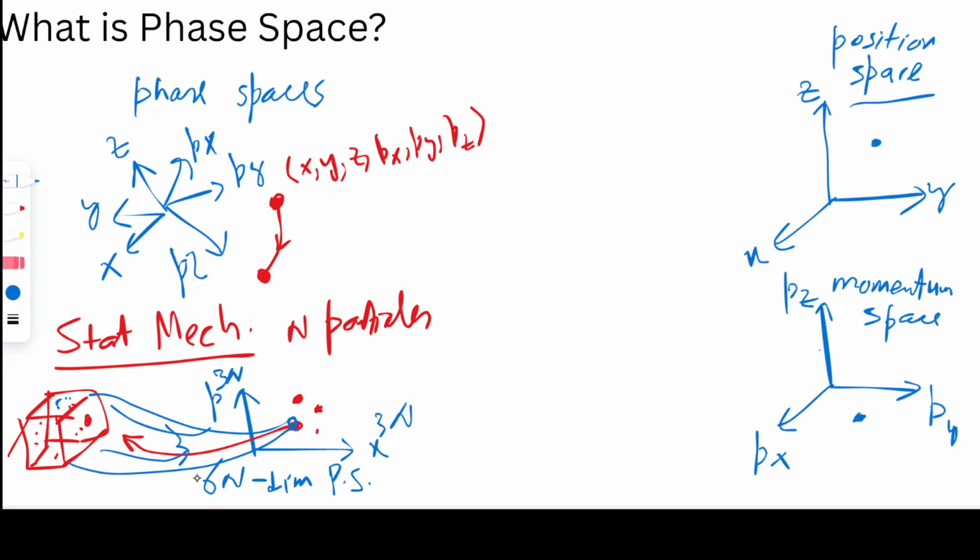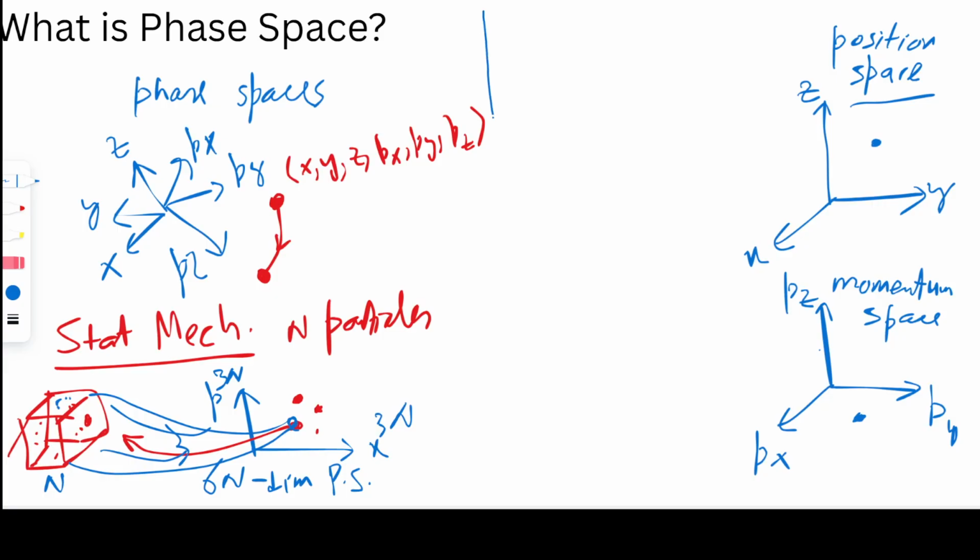So 6 dimensions for each particle, and if there are n particles in this box, then these 6n coordinates will represent the state of each particle in this phase space.